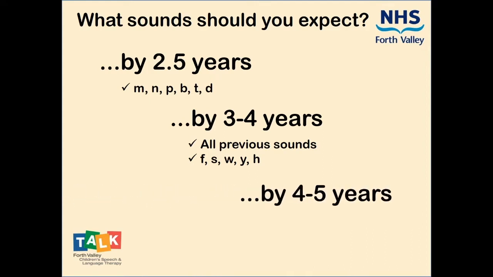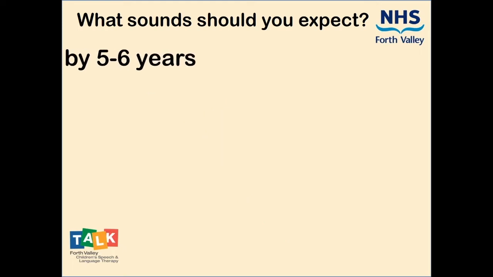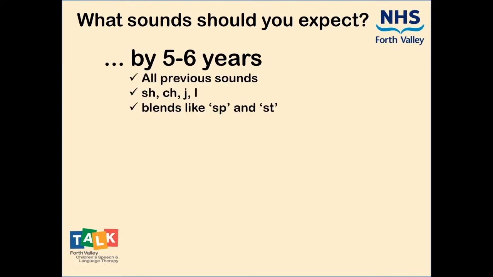And by 4 to 5 years, more sounds are added on. K, g, v. By between 5 and 6 years, children will add even more sounds. They start using sh, ch, j, and some of the blend sounds like sp, st.